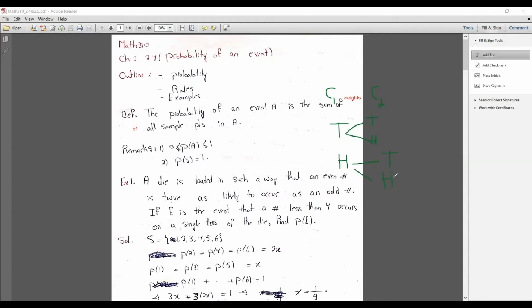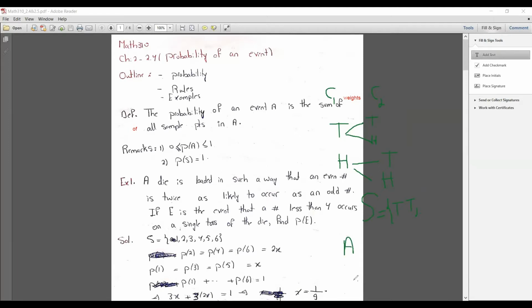So the sample space here is TT, TH, HT, and HH.